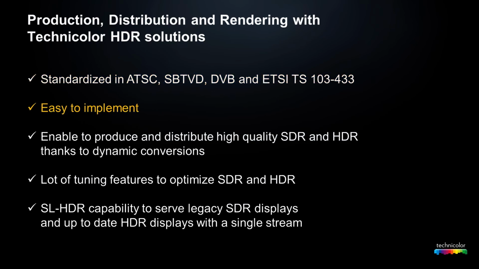A complete chain that is easy to implement, to produce and distribute high-quality SDR and HDR thanks to dynamic conversions available on Cobalt's and Atem's products. The availability of several tuning features to optimize the SDR and HDR quality, and SL-HDR1's capability to distribute on a single video stream a high-quality SDR for legacy displays, and high-quality HDR optimized for any up-to-date HDR display.